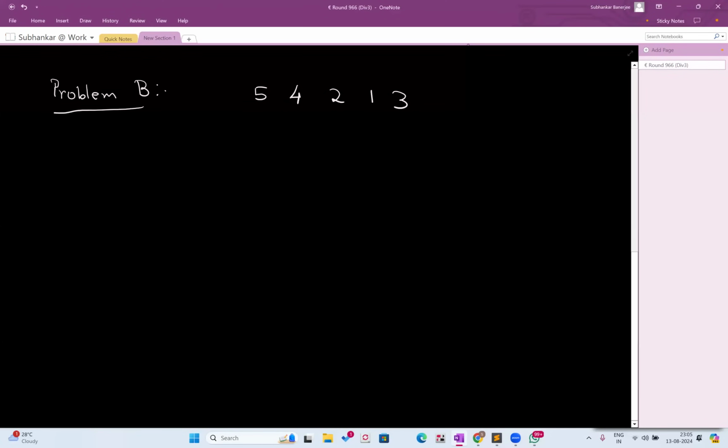So this is the seating order. This is the first index, the first passenger. This is the second, the third, fourth, and fifth. So the passengers come one by one, and there are n seats available also.